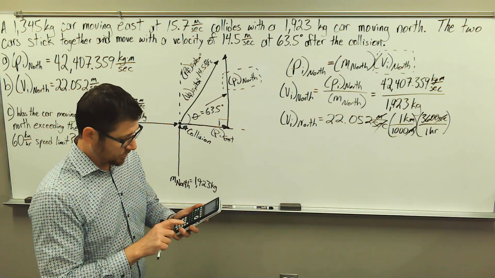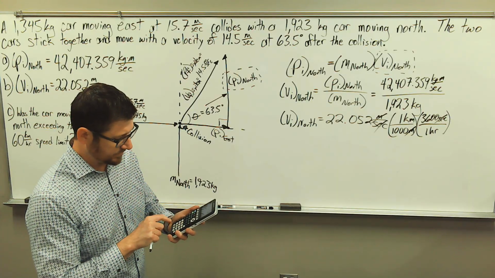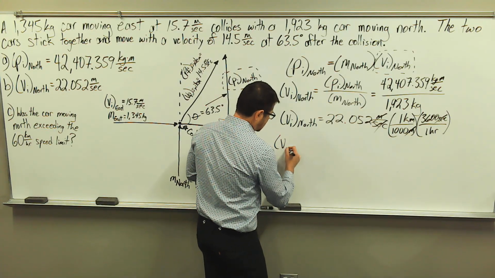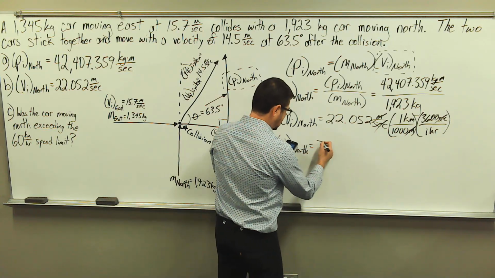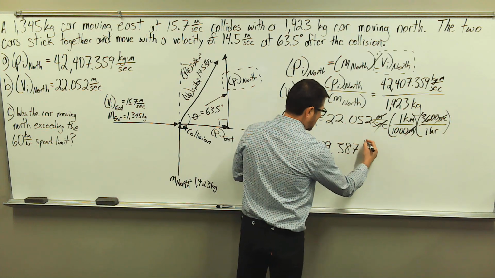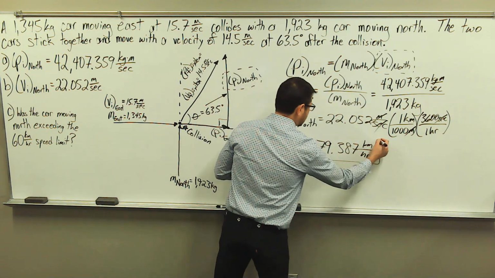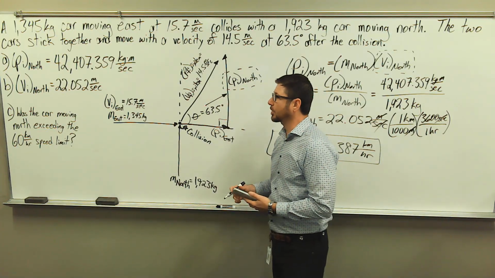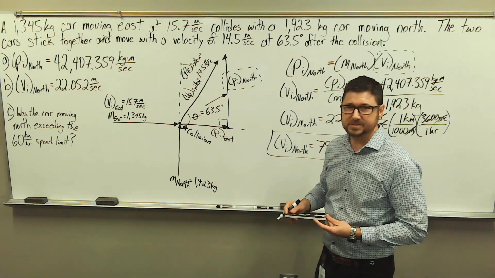So we have 22.052. We're going to divide this by 1,000 and then multiply it by 3,600. And the velocity of the car moving north before the collision is equal to 79.387 kilometers per hour. So, in part C, it wants to know, was the car moving north exceeding the 60 kilometer per hour speed limit?